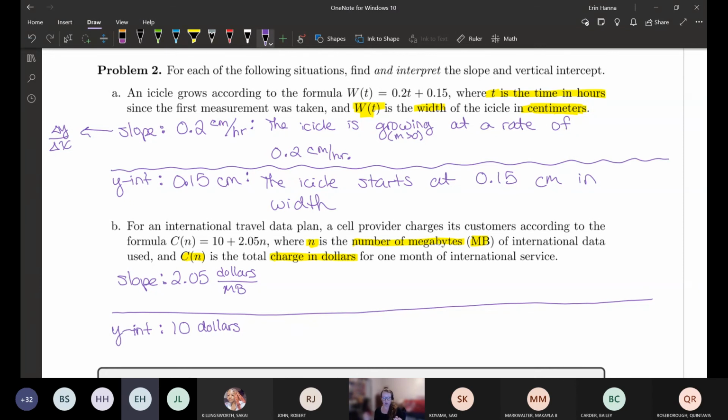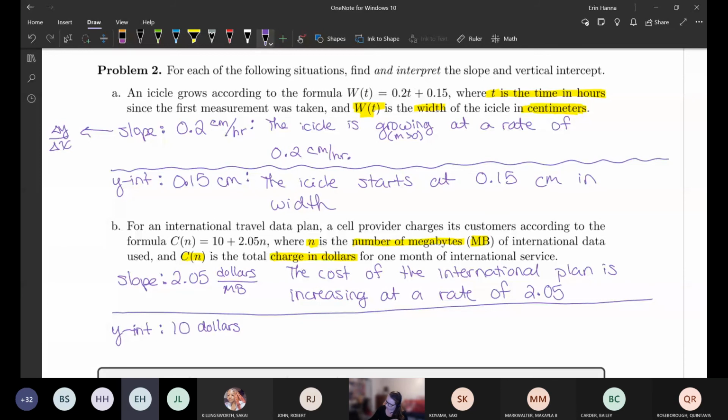Since it's positive, it's increasing. So it's telling us that the cost of the international plan is increasing at a rate of $2.05 per megabyte. I'm going to be lazy and just put the dollar sign per megabyte.